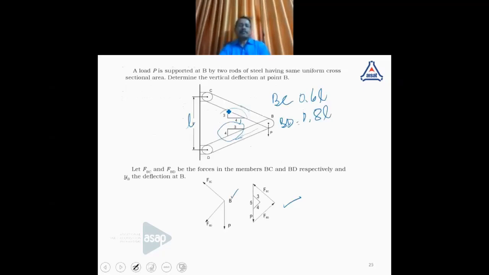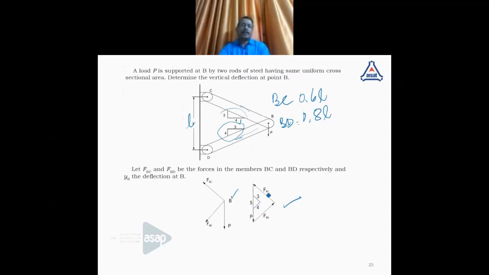From this diagram, we have a 3, 4, 5 triangle. The sides are in the ratio 3, 4, 5. BC is 0.6 and this is 0.8L, and in that case this will be L. That is how we obtained these values.